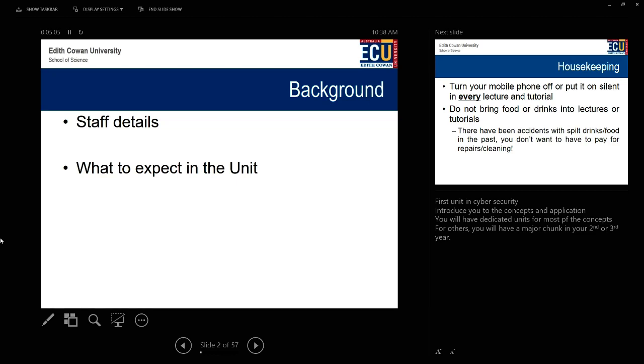If for any reason anyone of you is repeating this unit, I have changed the contents of the unit. I have reduced the contents and the difficulty level based on the feedback that we received through UTEIs and from students, because since this is a first year unit, we just don't want you to feel that this domain is very difficult.